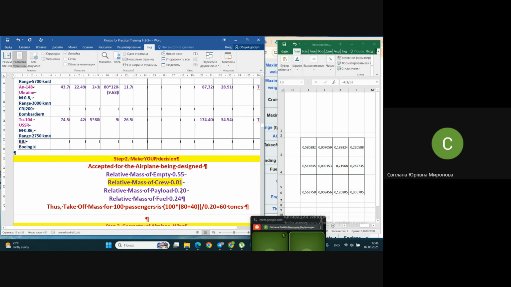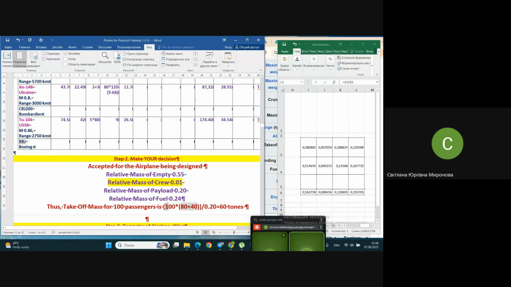Okay, so what is the value that we certainly know out of these relative values? What do we certainly know? We know the absolute value of payload. And we understand that the absolute value of payload, here it's shown for you, no? The absolute value of payload is 12 tons, because we have 100 passengers, and each of them weighing with luggage 120 kilograms.